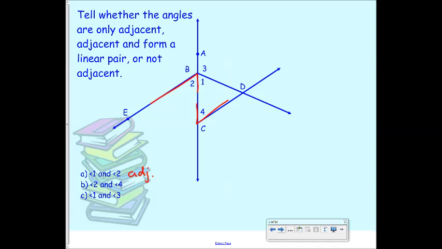No. So then here we would say neither. And then what about 1 and 3? 1 and 3 right here. Linear pair, so then they're also adjacent. Good. So ADJ and LP.